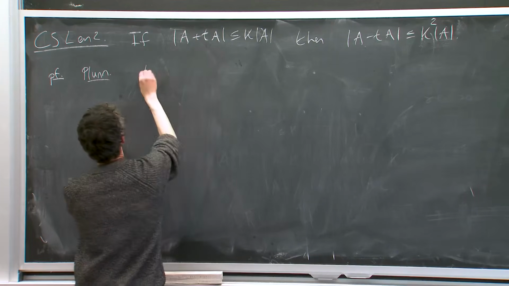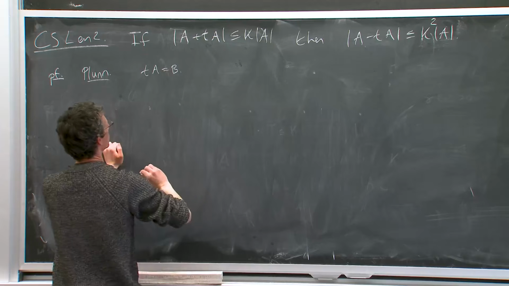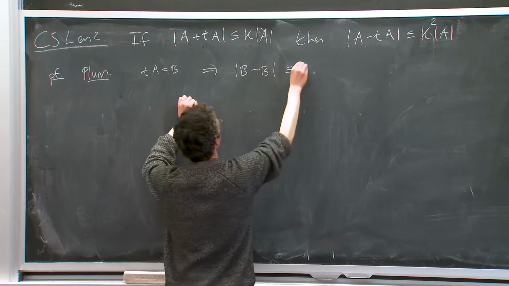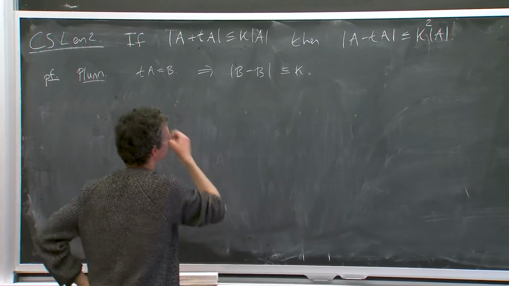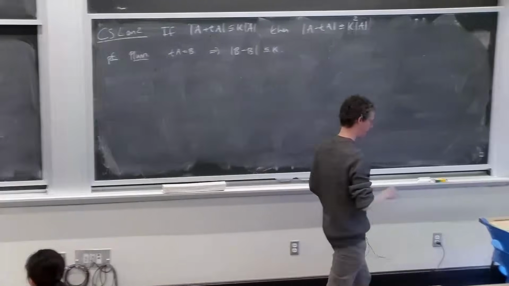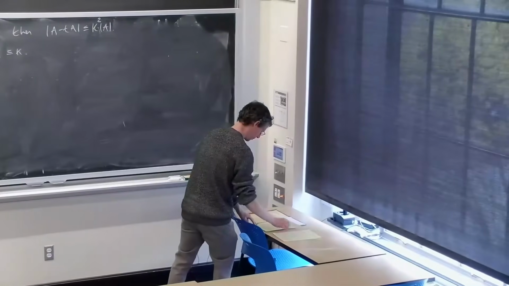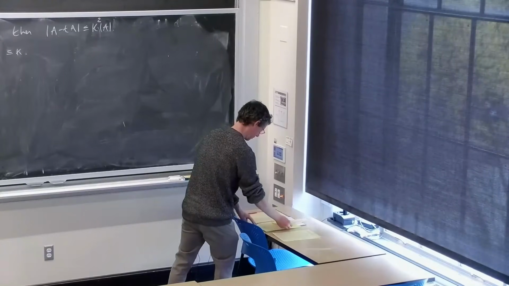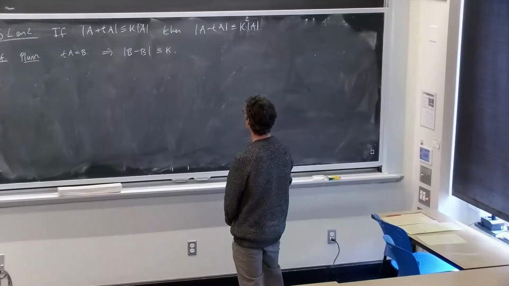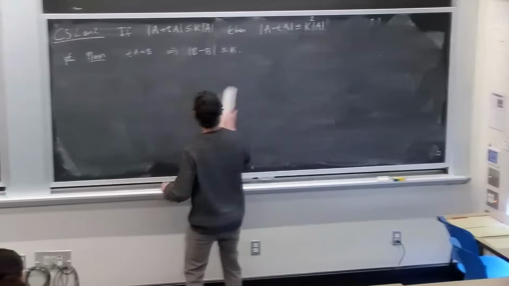So let's say that TA is B. So A plus B is pretty small, and therefore we get that B minus B. OK, let's try Ruzsa's inequality.